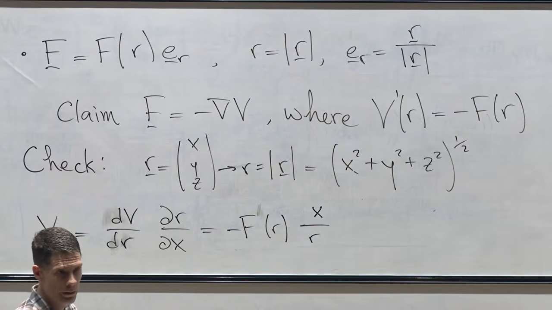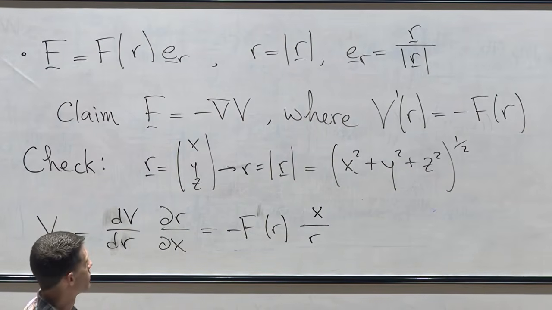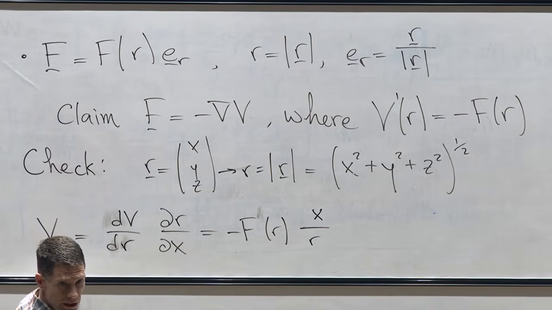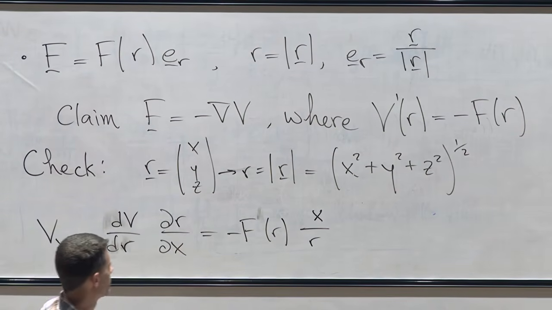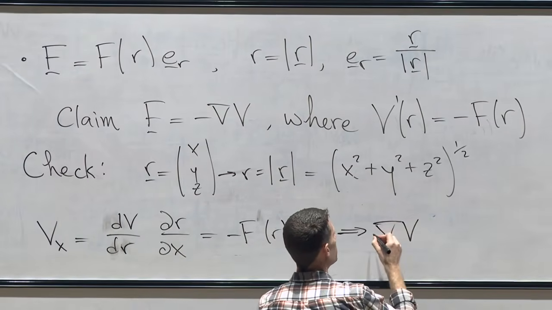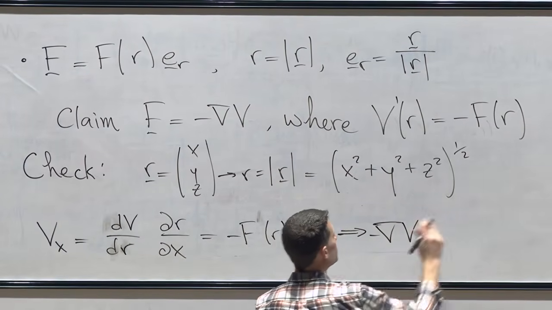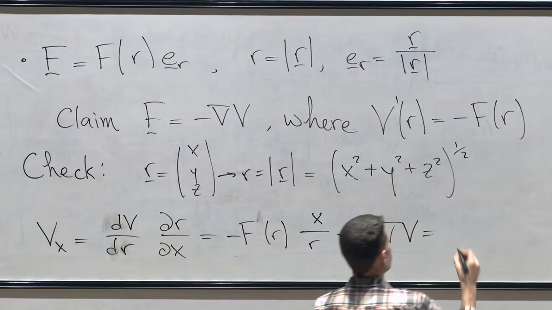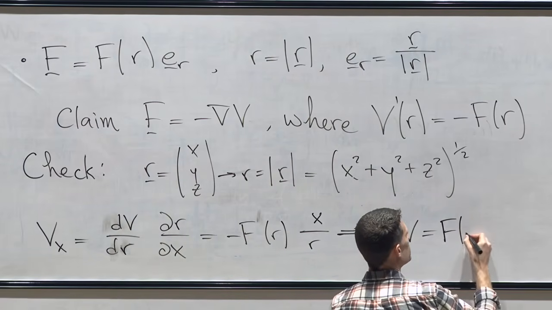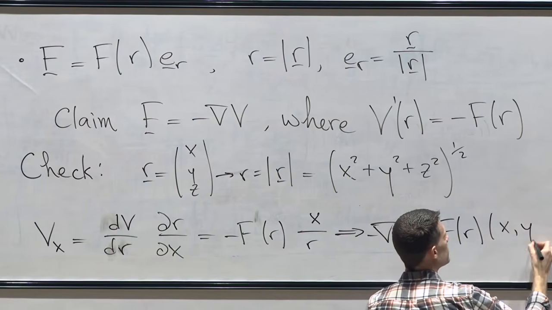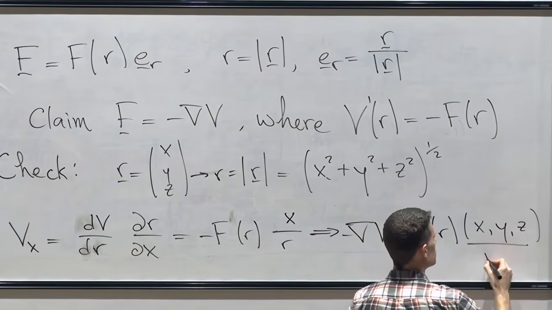You see that? So, therefore, grad V, I'm going to get the same thing with the dV dy, y over r times f, and so on, which means that minus grad V is f of r times x, y, z over r.